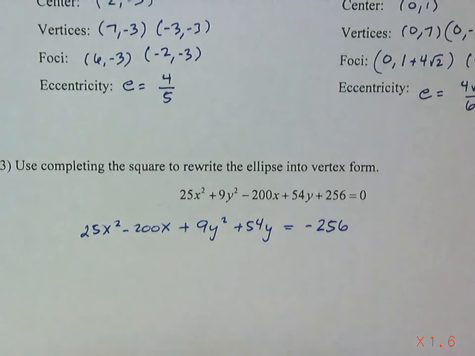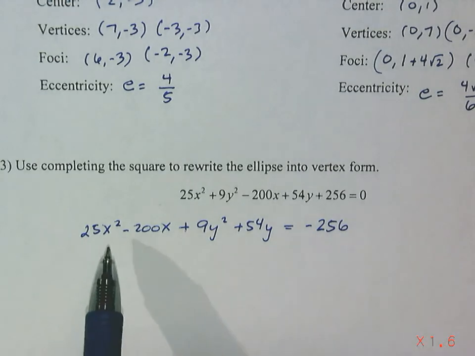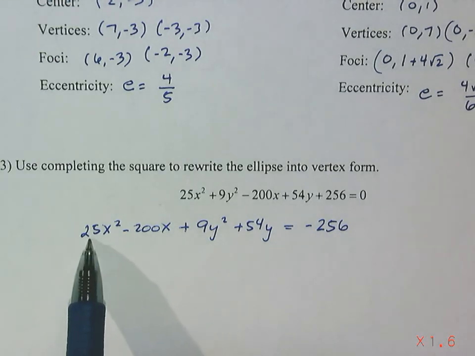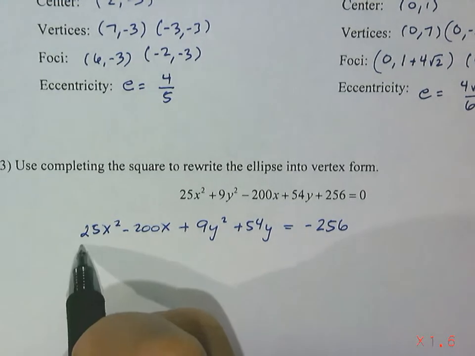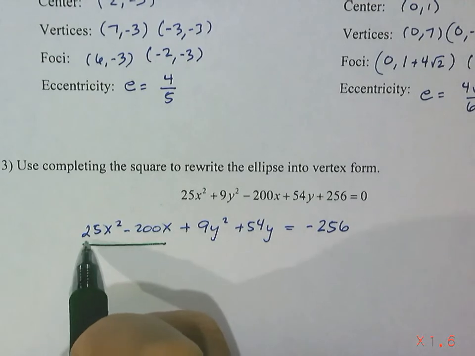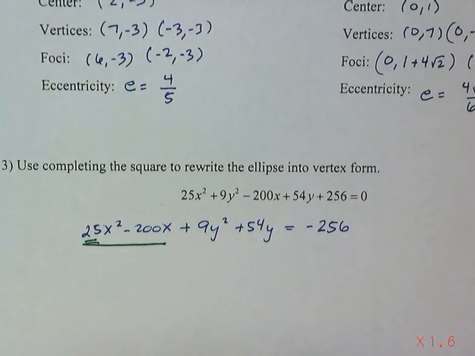What's different here is I'm actually going to have to factor. I don't have just an x squared, I have a 25x squared. So when I factor this first group, I have to factor out the greatest common factor, which is 25. I don't want to factor out the x. I want that staying there so I can do a factoring.